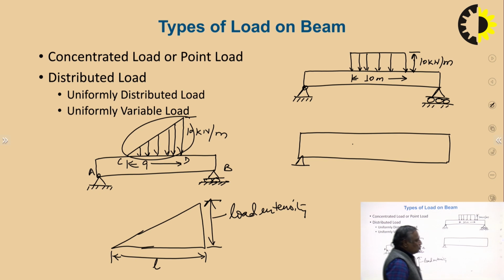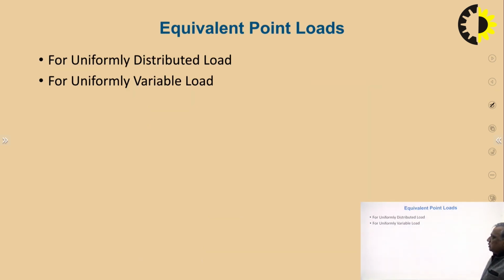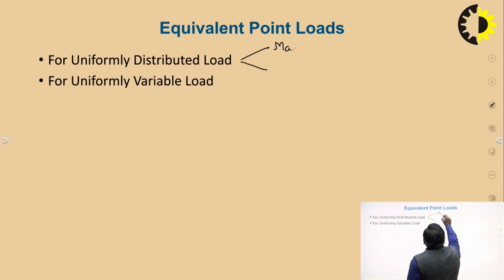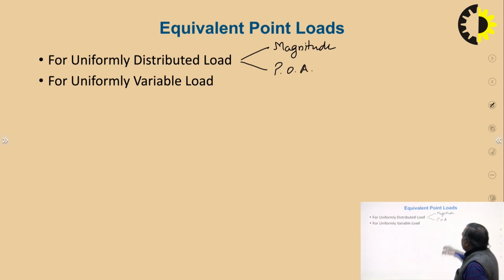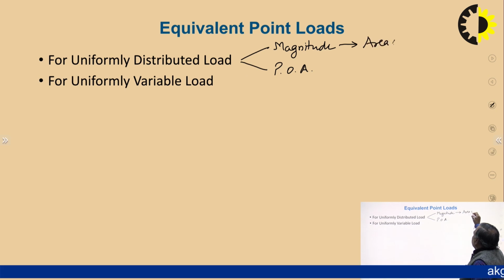Now we will learn how we can convert this uniformly distributed load into equivalent point loads. For an equivalent point load, we need to have two things: magnitude and point of application. Magnitude, you should remember, is the area of the load diagram.